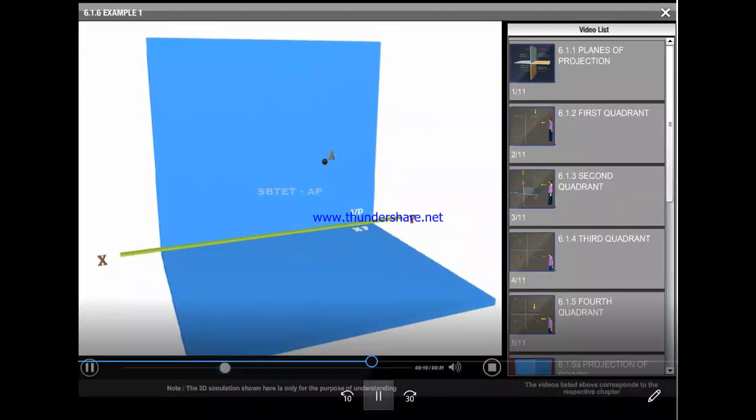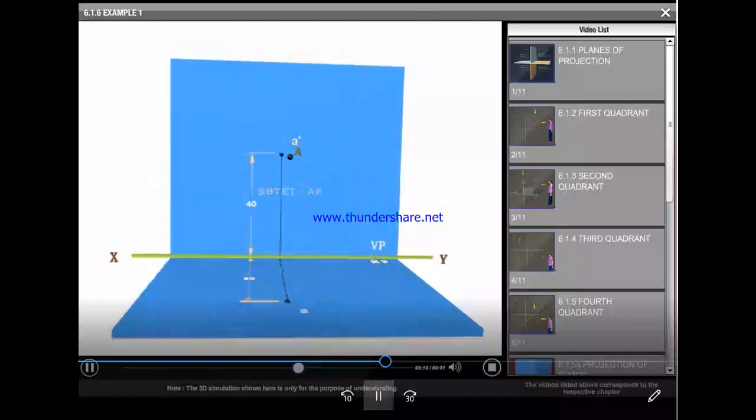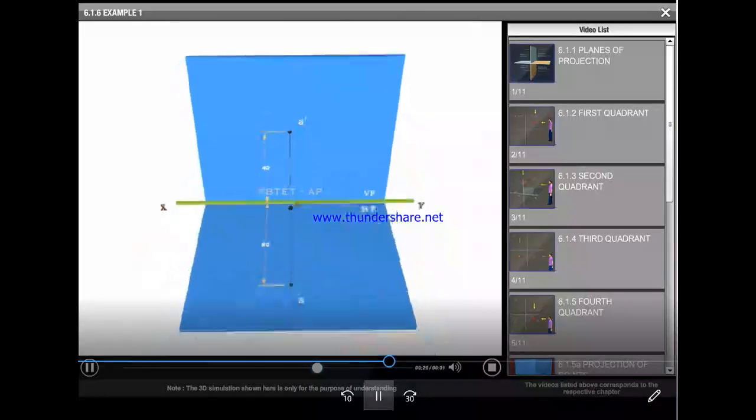Point A is considered, which is 40 mm above the horizontal plane and 50 mm in front of the vertical plane.